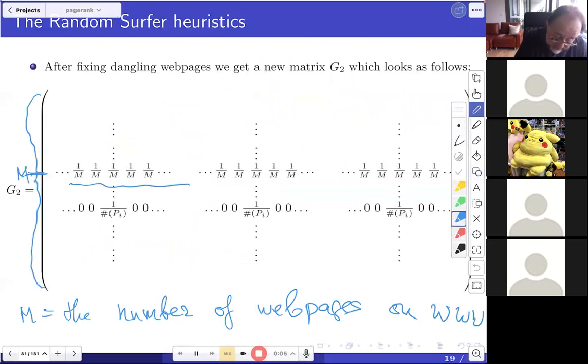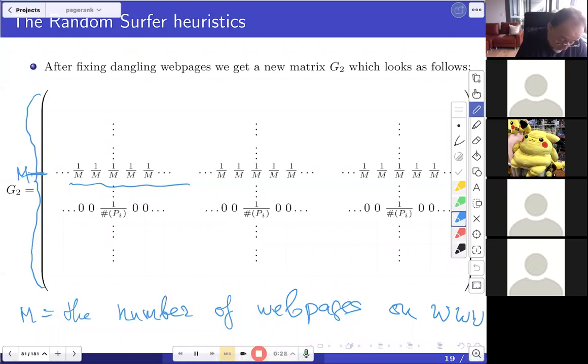problem of dangling web pages by replacing a 0 vector with 1 over n everywhere. And again, we can interpret this as probabilities of jumping to that web page.